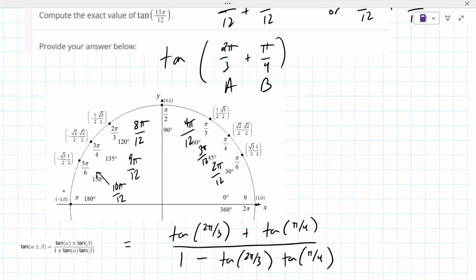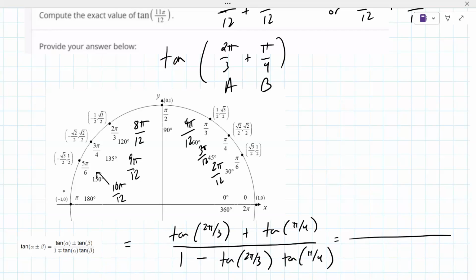Sorry, I'm just following along. Let me know when you get caught up here. Tangent 2 pi over 3 plus tangent pi over 4, and that's all over 1 minus tangent 2 pi over 3 times tangent pi over 4.